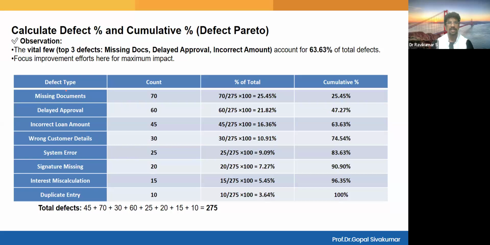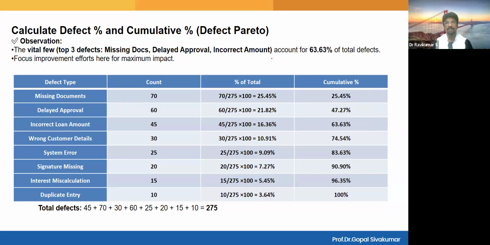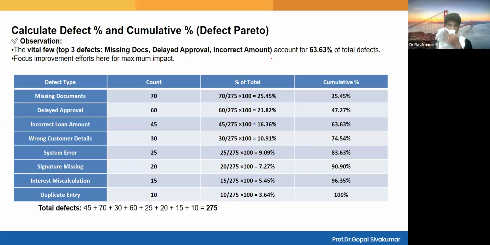If you just focus on these three defect types, your bank customer satisfaction improves drastically. Instead of focusing on all errors, just focus on these three. Customers are happy, and more customers will come to your bank. That is how you can use the defect Pareto, and stratification Pareto can be used further to understand the problem more.